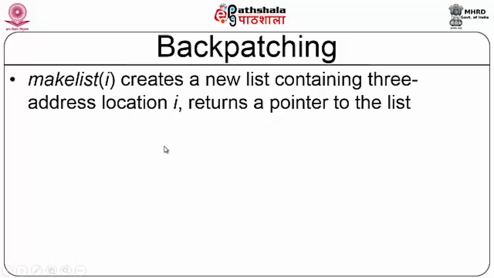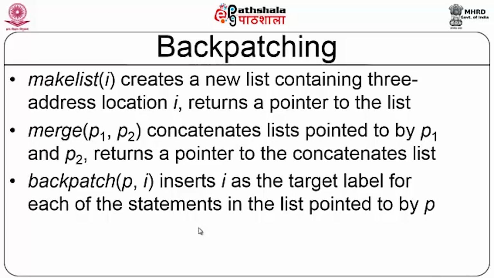Makelist of i is going to create a new list containing the 3 address location i, and it returns a pointer to the list. This is simply a linked list of 3 addresses, where the address typically corresponds to a line number or a quadruple of your 3 address code.